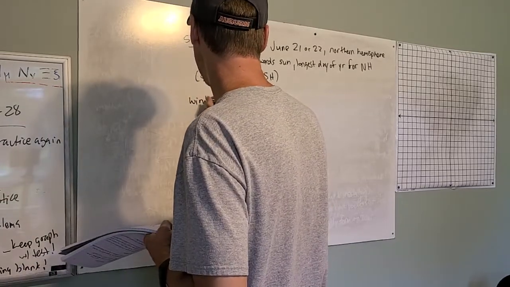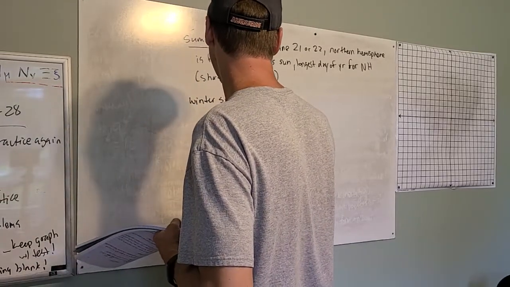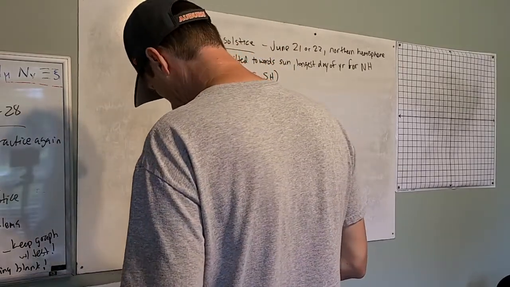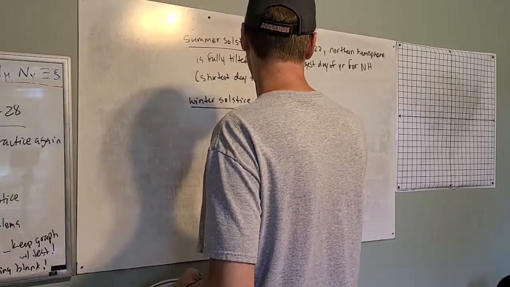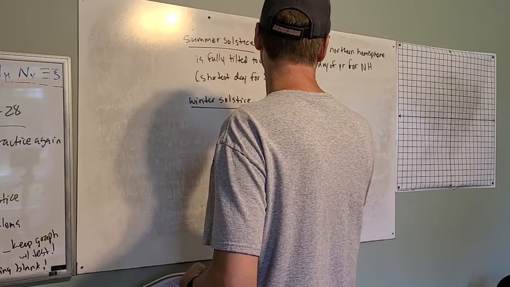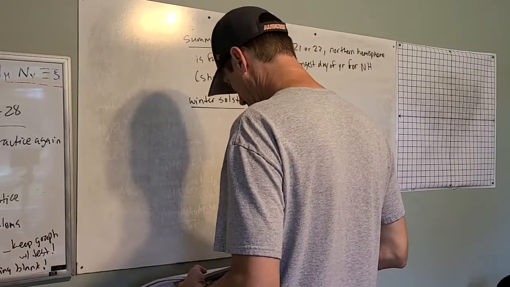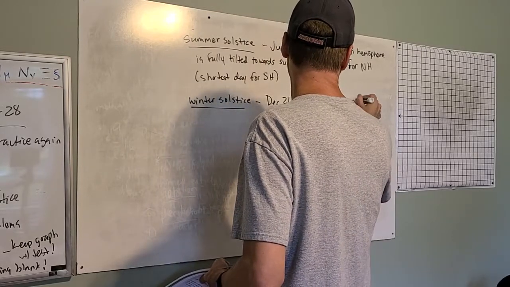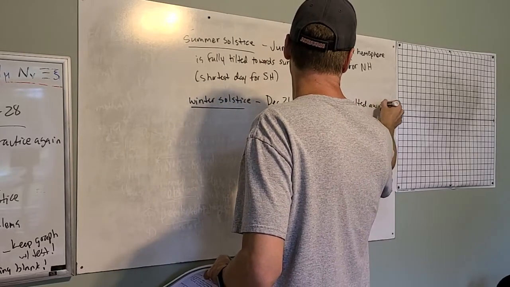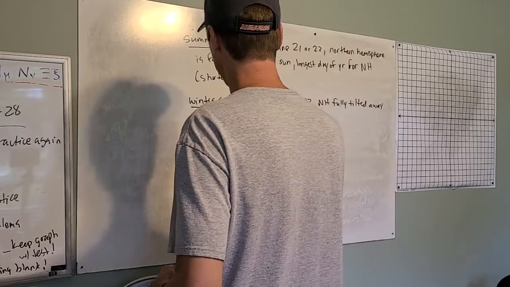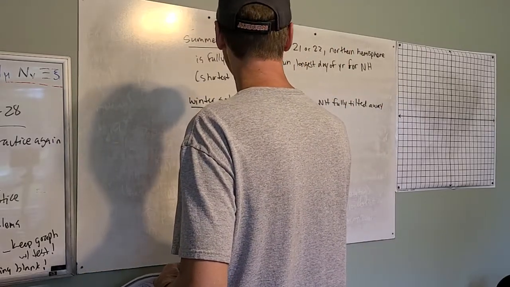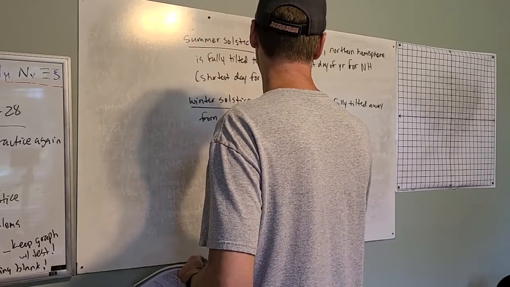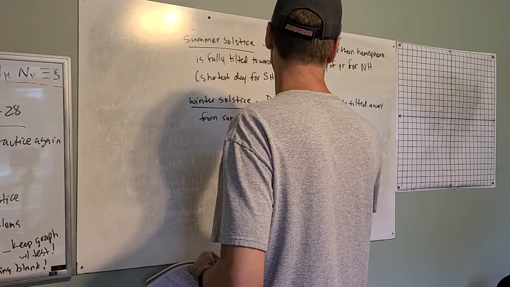Winter solstice is the opposite time of the year, opposite effect. This is December 21st or 22nd. NH fully tilted away from sun, shortest day of year for us.